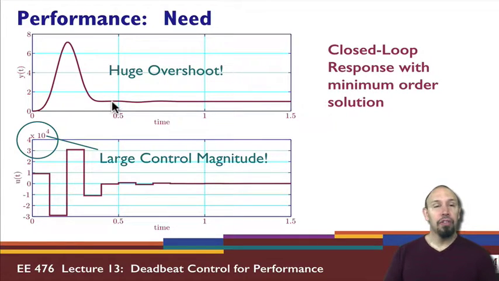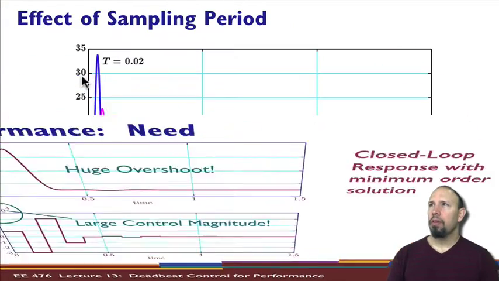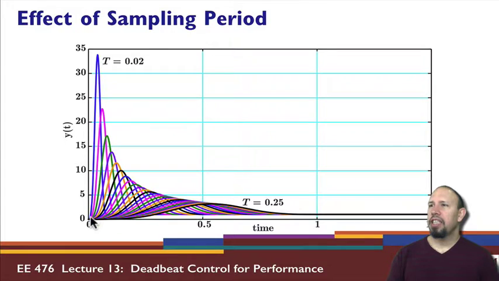We could actually see what happens if we change the sampling period, for example, what happens to the overshoot. Here is the same system, and now we've applied the minimum order solution for each of these sampling periods.